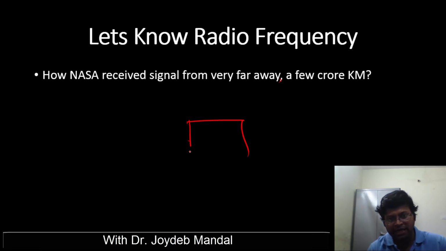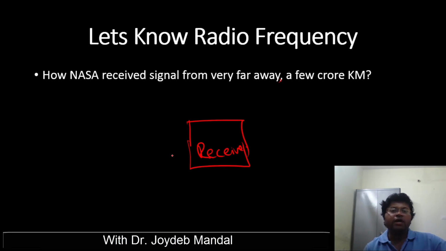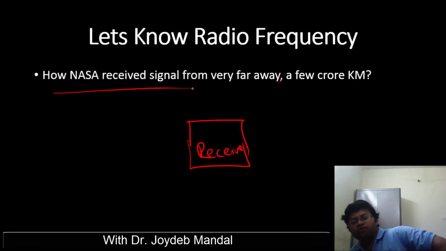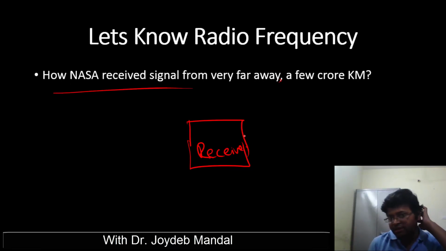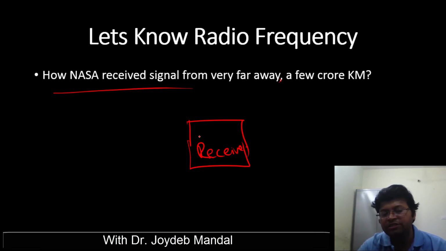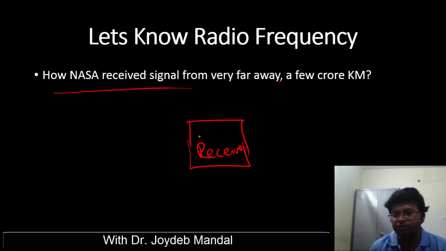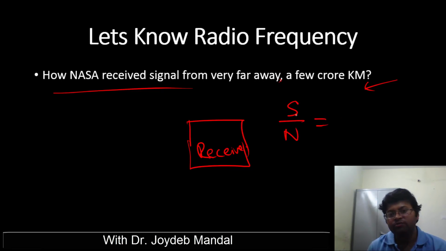So we have a choice of receiver. I am taking the example of NASA. From a few crore kilometers they have to use the receiver in such a way that even a very small signal can be easily distinguishable. Now we have to maintain the signal to noise ratio so that at least the signal is higher.